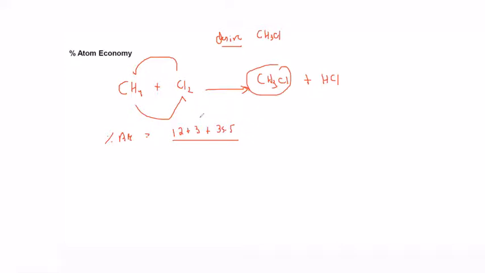So how to find the total mass? Carbon is 12 plus hydrogen is 4, so that's 16, and chlorine is 35.5 multiplied by 2. So 12 plus 3 is 15, and 15 plus 35.5 is 50.5.